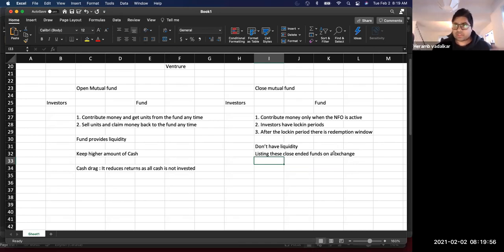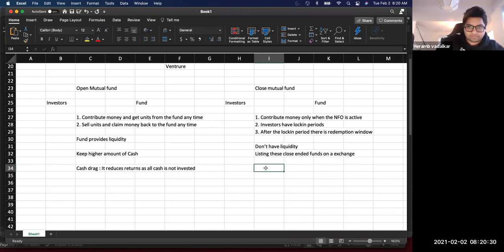So even though you cannot ask for money from the mutual fund that you bought the units from, you can sell those units on a stock exchange. Most close-ended funds try to list their units on an exchange, some may not, so that investors can get out by selling to someone else if they want. So they provide liquidity by getting listed on an exchange.